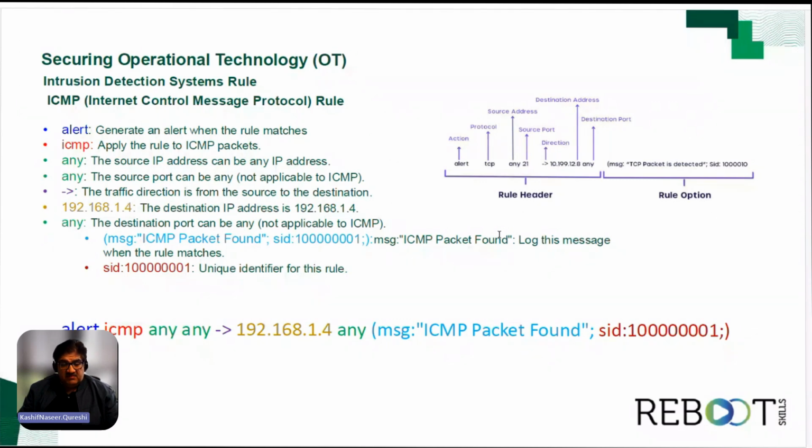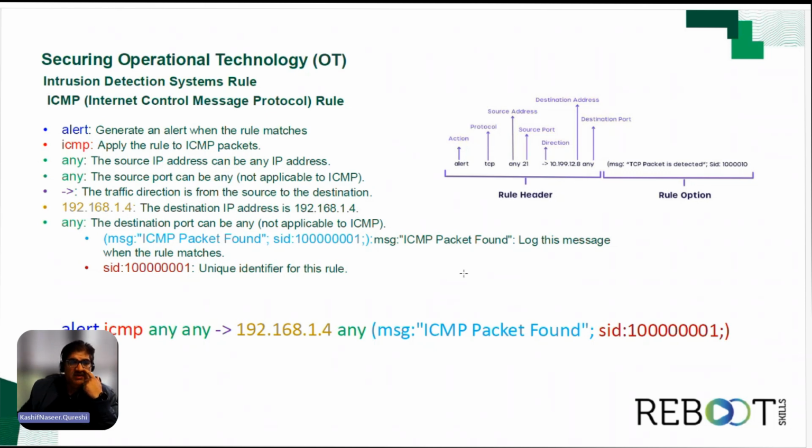For example, we are using the destination IP address, so the alert is triggered to notify that an ICMP packet has been found, with a unique identifier. We are using the unique identifier, the number. So let me explain the rule and its different components.